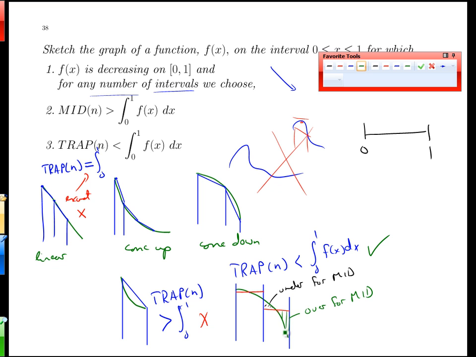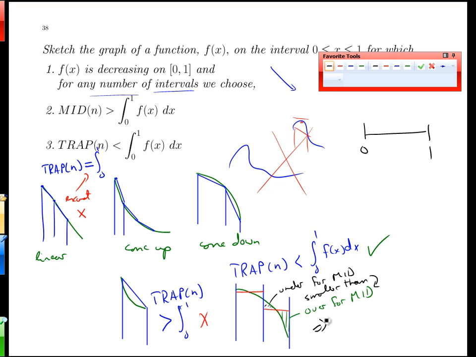And because of the curvature, we can see the midpoint rule puts us higher than it would be if we were following a straight line, because it bends more down after the midpoint. And so the underestimate is going to be smaller than the overestimate.